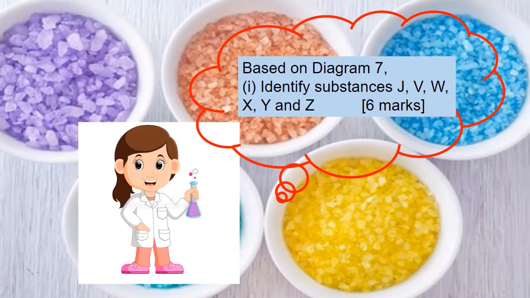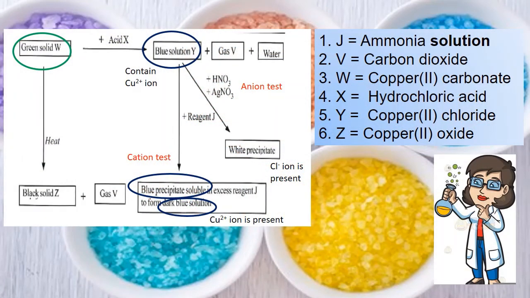Based on diagram 7, identify substance J, V, W, X, Y, and Z. Based on diagram 7, green solid W is copper 2 carbonate. Blue solution Y contains copper 2 ion.